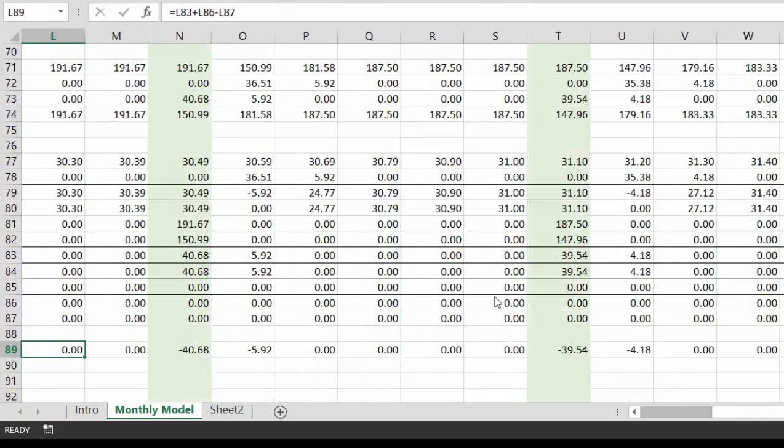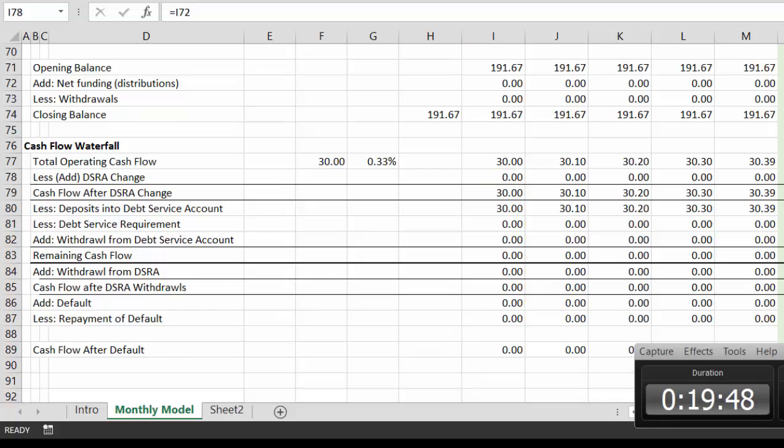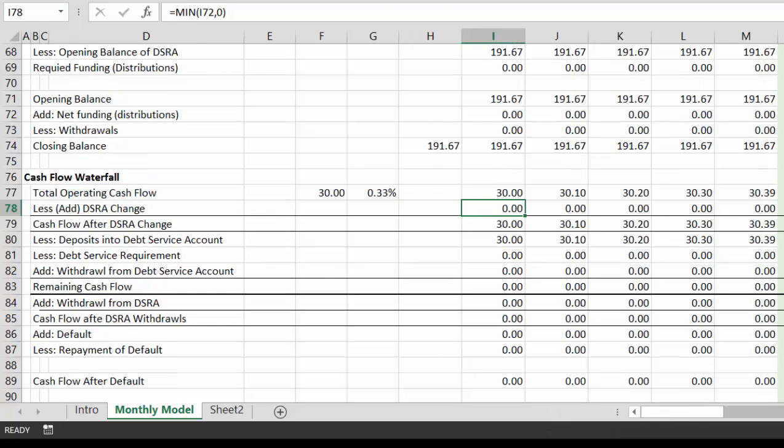I think we should have put this DSRA change and perhaps the DSRA funding should only really come, the negative funding should come from only the amount. Okay, so let's pause just a minute. Well, something new every day. That's what I like about this life.